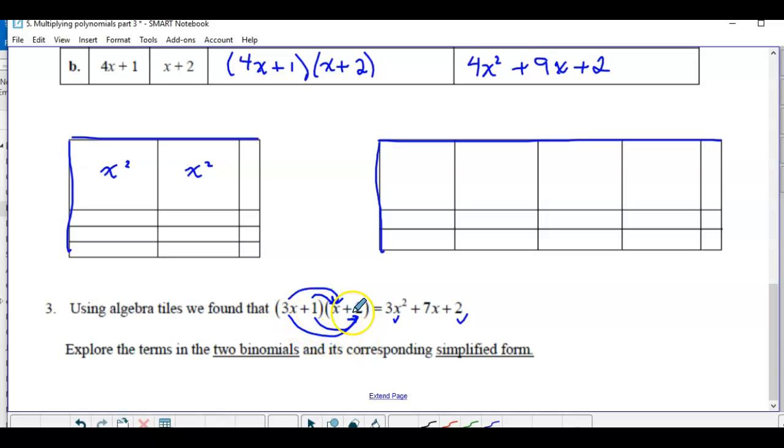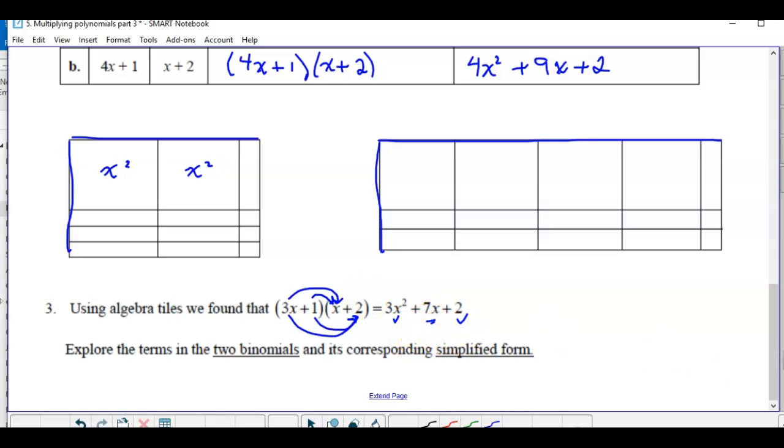So 3x by 2 is 6x. So 1x plus 6x is 7x. So basically, we have to multiply every term in each bracket by every term in the second bracket.